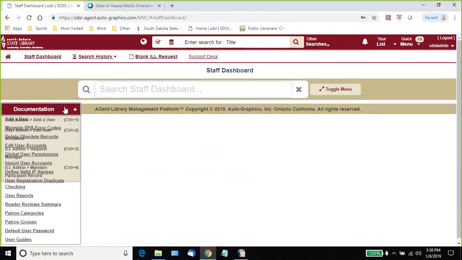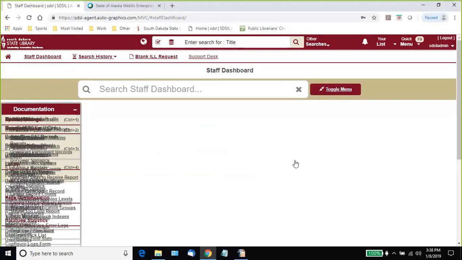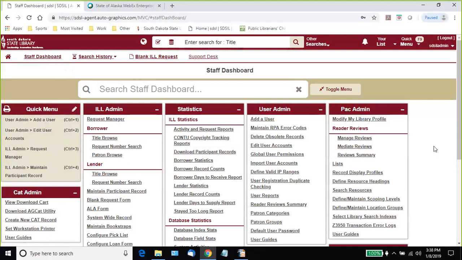It's not really showing my menu very well. There we go. So you can see there's a lot of stuff. Because I'm logged in as an administrative staff person, I have access to everything that the system has, except for a few things that the network administrator login has, which is a login that I use when I need to do things across the board for all of our libraries.